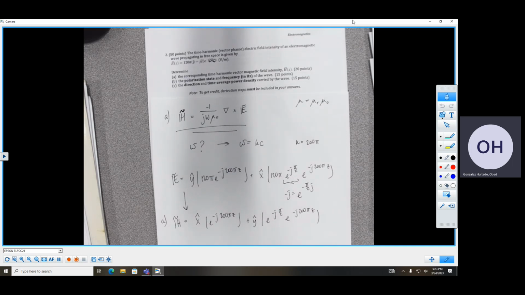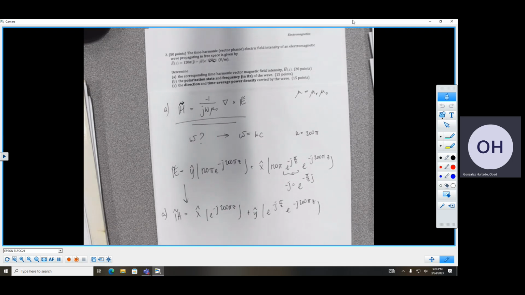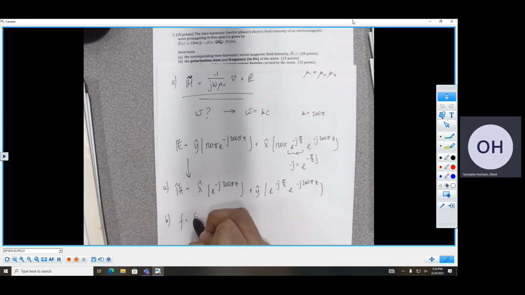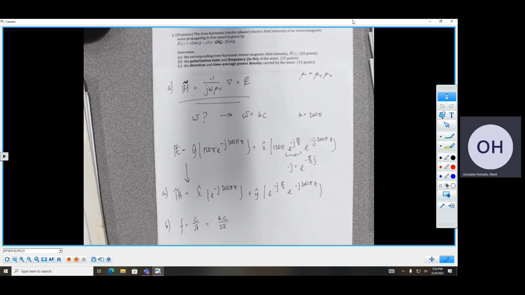I don't think it's going to be on there. Do we need the second part to do the third part? Right? The direction. Yes. Do you find frequency? There's frequency.